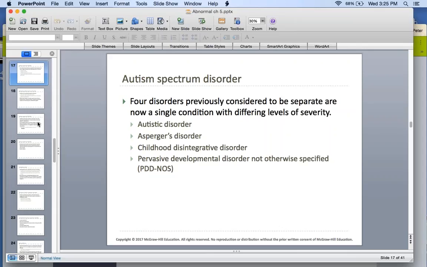Okay, so again, people with more severe autism have a lot of trouble with language skills. They have a lot of trouble with social skills. They have a lot of trouble just integrating into normal society, right? So some of these social skills that we see is that the child doesn't usually want to be hugged or held tight.